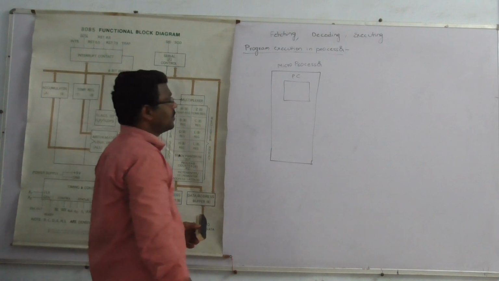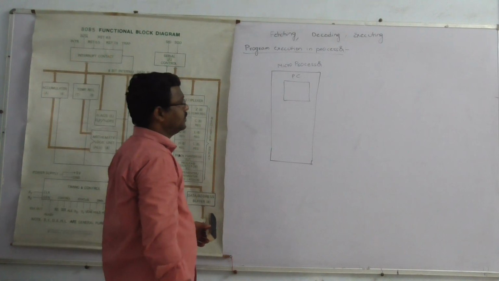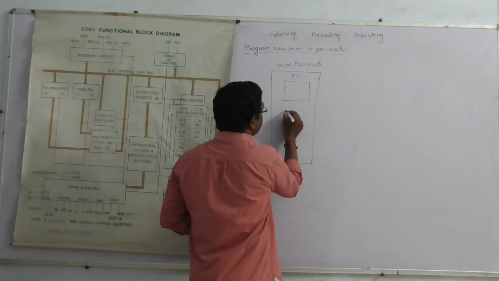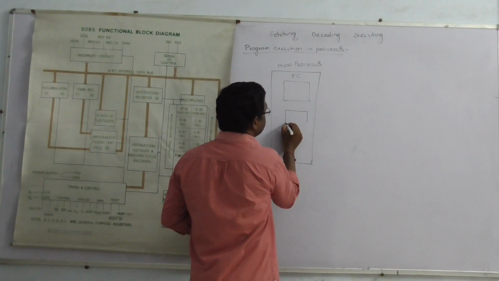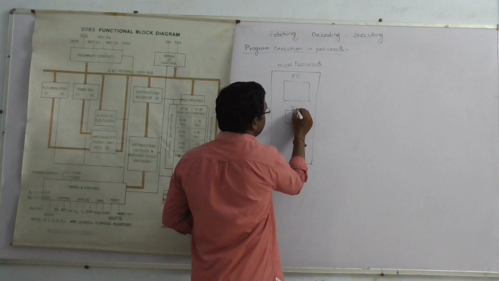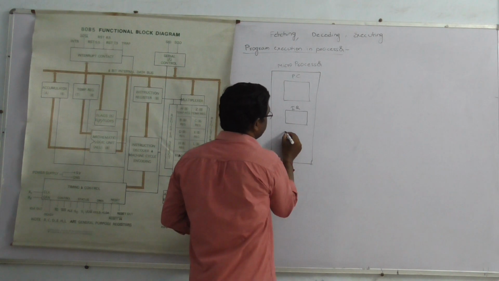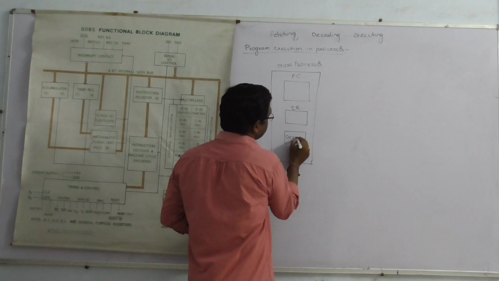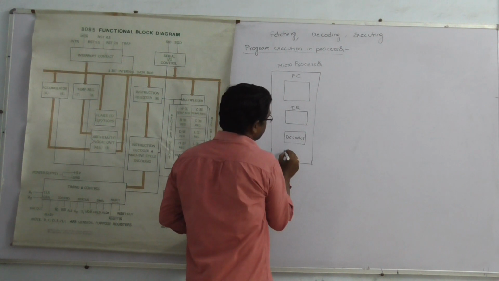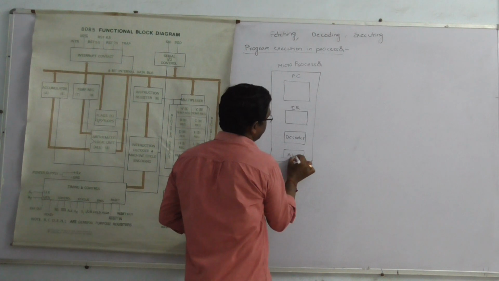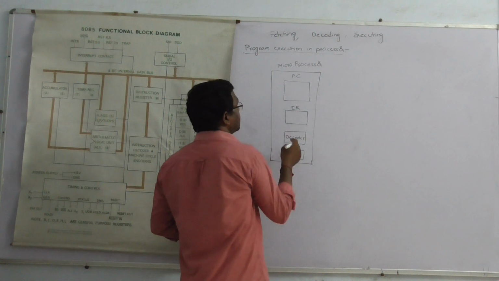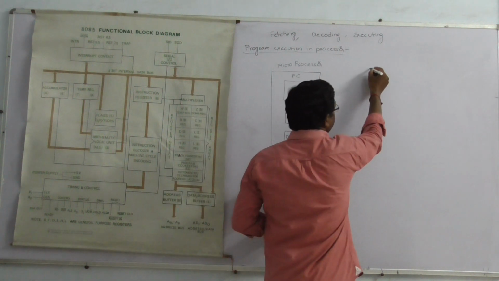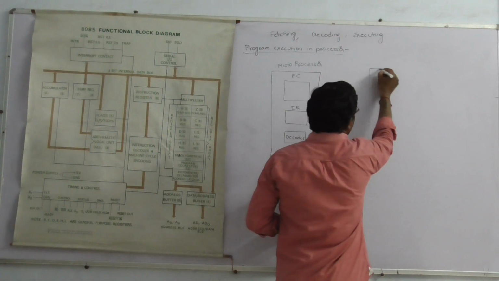It also consists of the instruction register, the decoder and the ALU unit. These make up the microprocessor, and we take the memory.